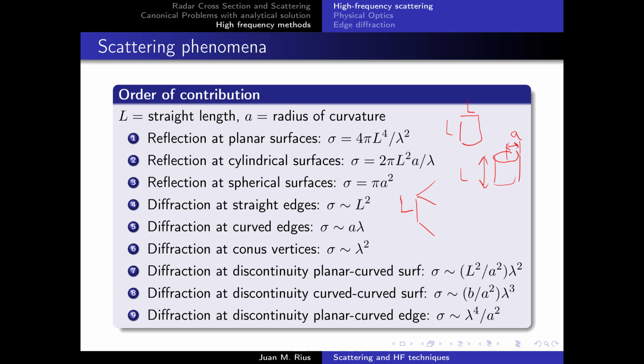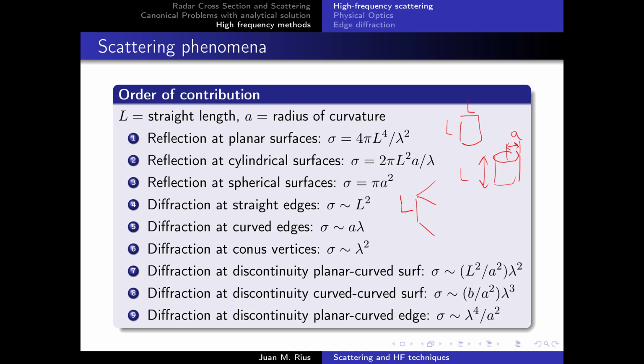So the most important ones in high frequency are reflection at planar surfaces, proportional to the square of the frequency, cylindrical surfaces proportional to the frequency, and spherical surfaces or straight edge diffraction that are independent of frequency. And these four effects, 1, 2, 3, and 4, are the effects that are commonly accounted for in commercial software for high frequency analysis.